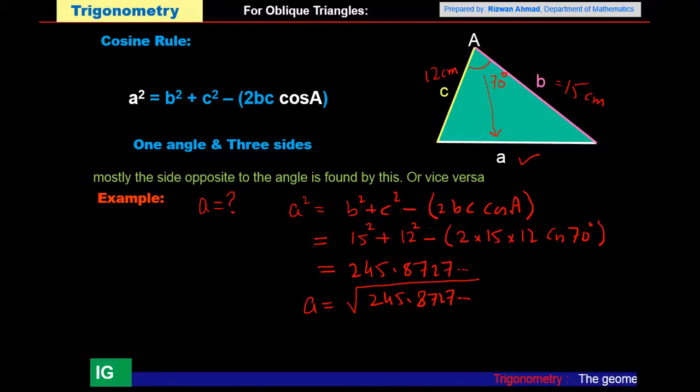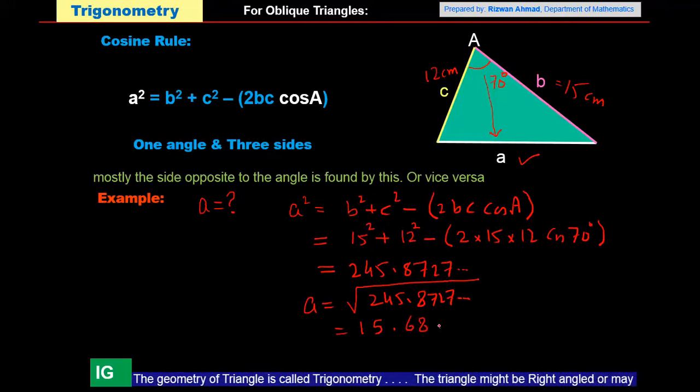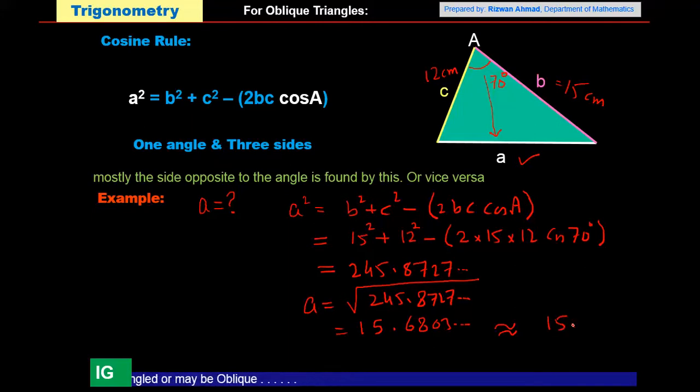That will give us 15.6803 and so on. So to three significant figures, the value of this will be 15.7 centimeters. So this is the value of the side A.